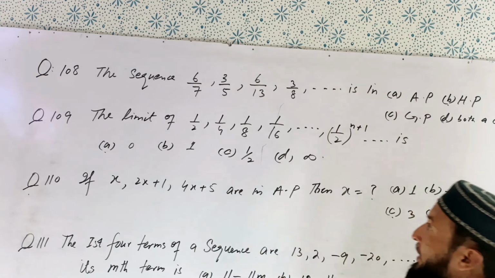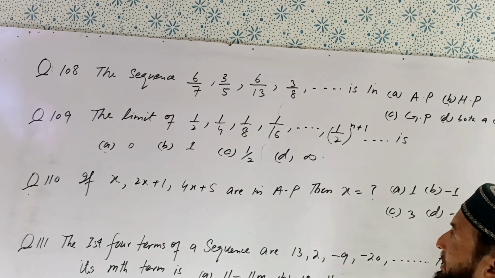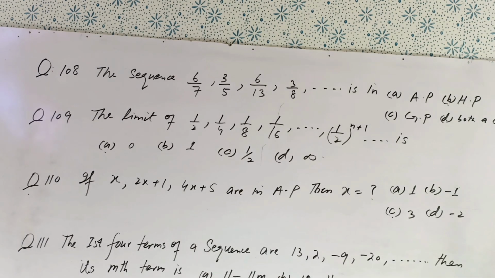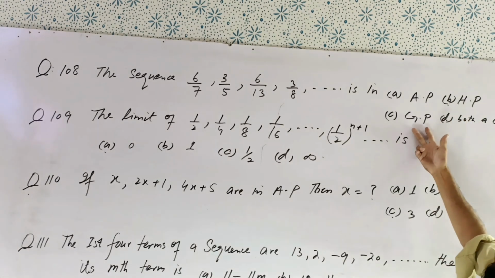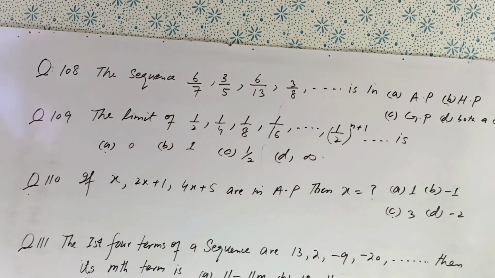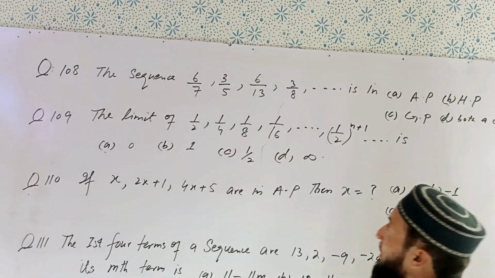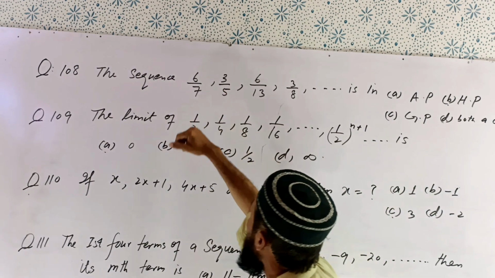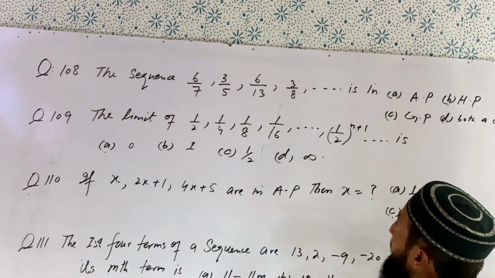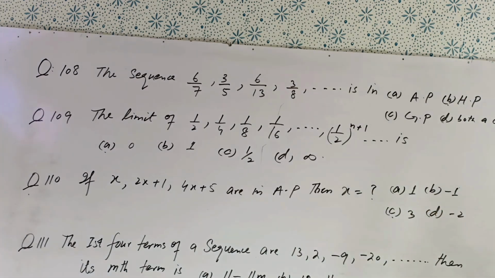For question 108, the sequence given is 6 divided by 7, 3 over 5, and so on. Is it in arithmetic progression, harmonic progression, geometric progression, or both A and B? Look here, if we find the common difference for the arithmetic progression, we take the second term minus the first term.